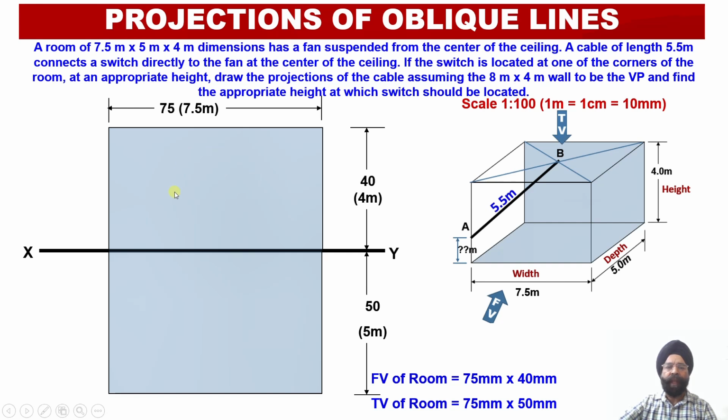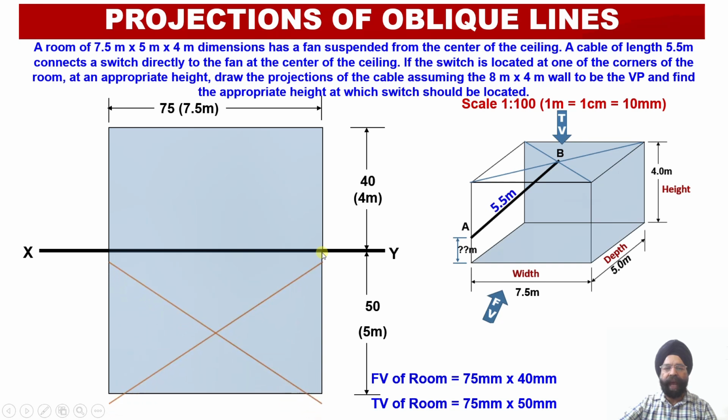Now we know that the ceiling fan has been suspended from the central point of this particular ceiling. In order to obtain the central point, we will join the two diagonals of this ceiling. Here we have the projection for the ceiling, that is the top view.